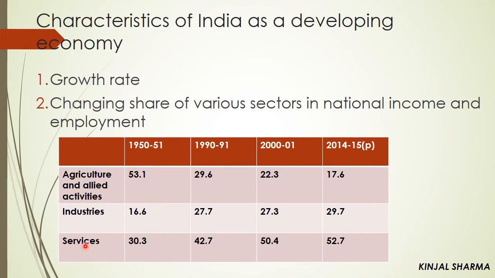If we compare the data, in 1950-51 the highest contribution was from the agriculture sector, which was 53.1%, and it decreased to 17.6%. The industrial sector was 16.6% in 1950-51, which increased to 29.7%.